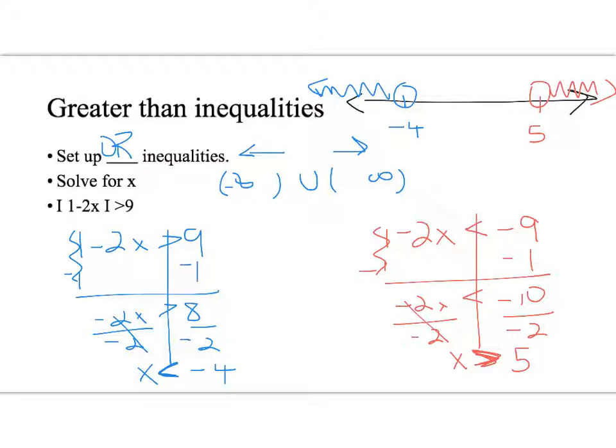So when we do notation, it would be negative infinity to negative 4, open circles get parentheses, or 5 to infinity, and open circles get parentheses. So again, very similar to absolute value equations and very similar to compound inequalities.